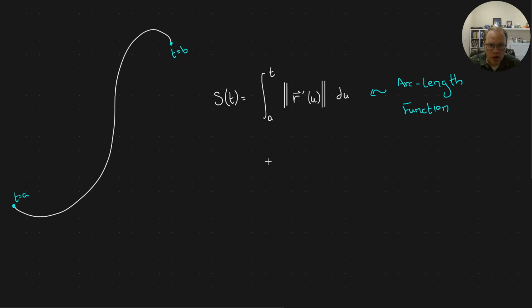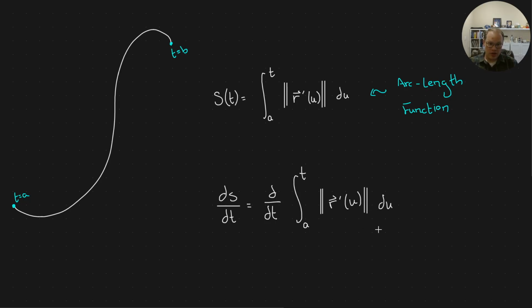And one useful observation here, we can use the fundamental theorem of calculus to find the derivative of this arc length function. If I want the derivative of the arc length function with respect to the variable t, then that means I want the derivative with respect to t of this integral, right? But what happens when you take the derivative of an integral? They're opposite operations, aren't they? And so they'll undo each other.